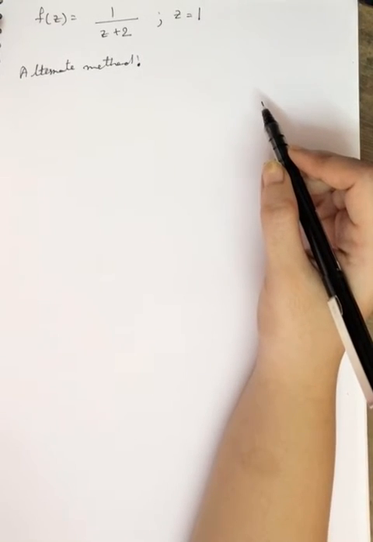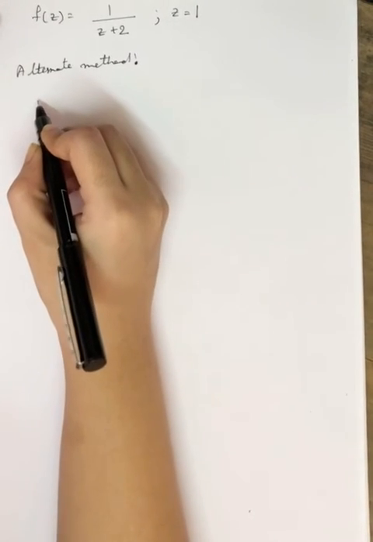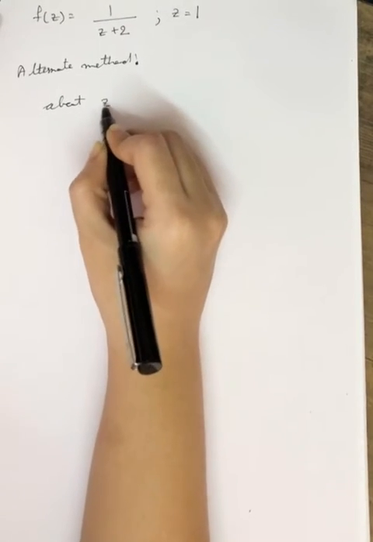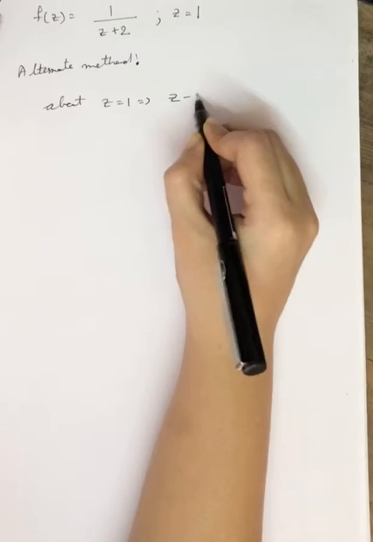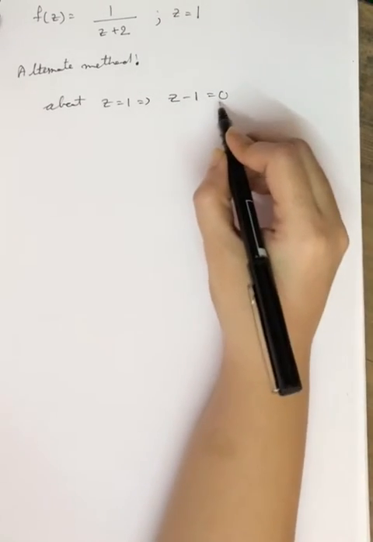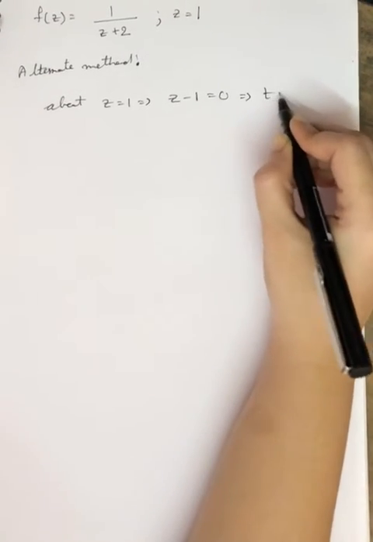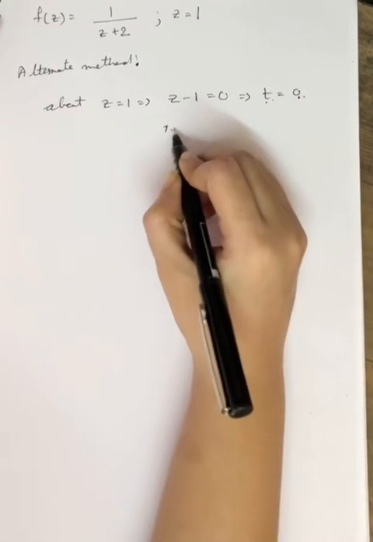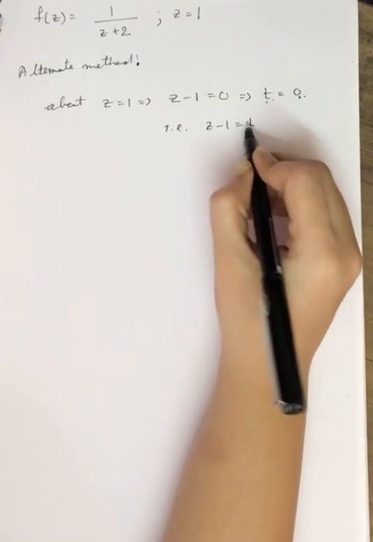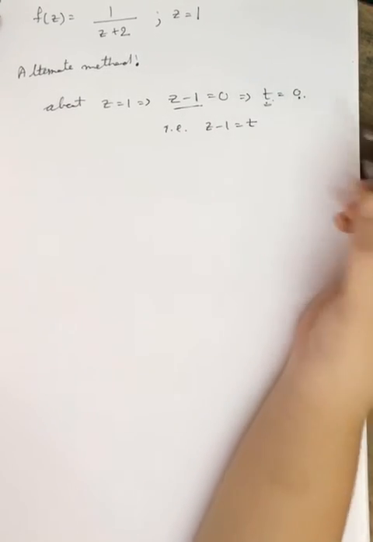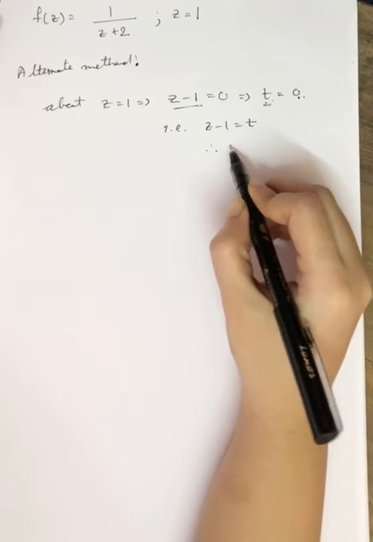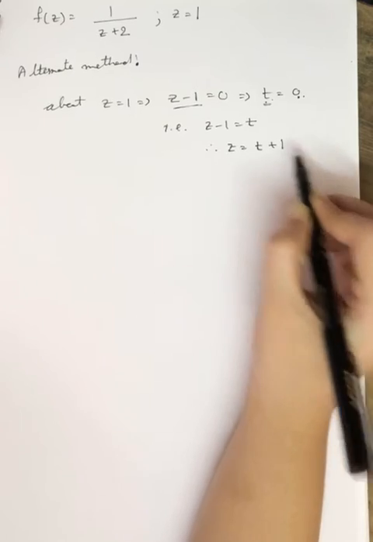So what we do here is, about z equals 1, that means z minus 1 equals 0, and you put this equal to t, which is equal to 0, that is z minus 1 equals t. I have put the z minus 1 equals t value here. So therefore your z will become t plus 1.